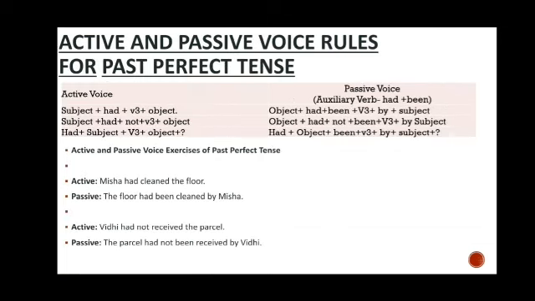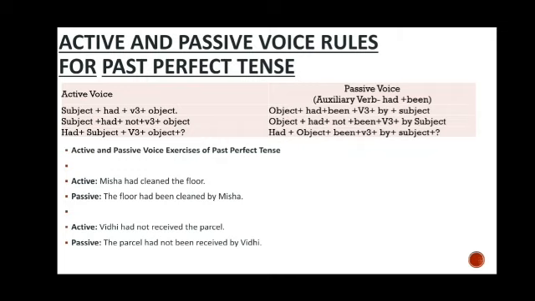Next is past perfect tense. Subject plus had plus verb third, then object. Here only one thing is new: only had is coming. When we talk about present perfect, has and have both come according to singular and plural, but when I am talking about past perfect, only had is used. So what will you do? Object plus had plus been plus verb third, then by, then subject.